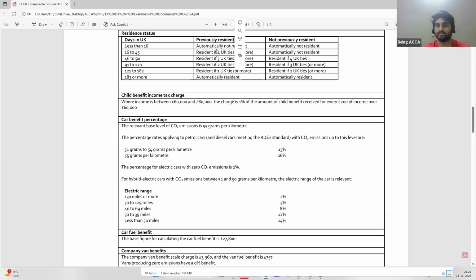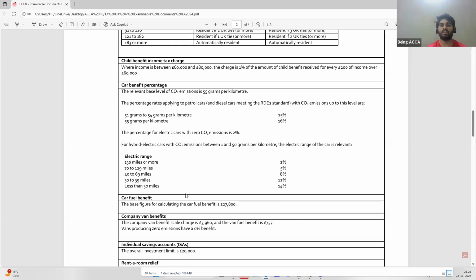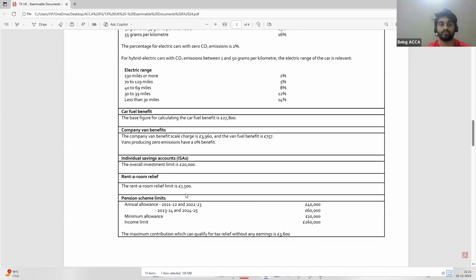Is that clear? All these are provided to you in the examination. You do not have to worry about them at all. Okay. So over here, you also see the values from prior years, which will also be provided to you in the exam, so you don't have to worry about it.